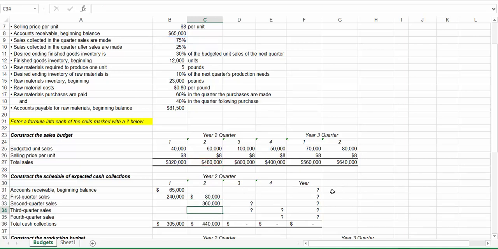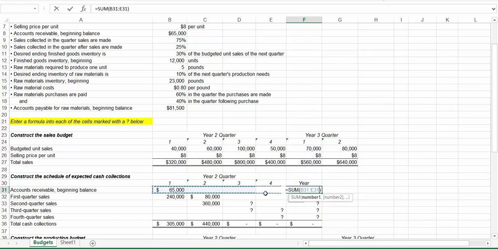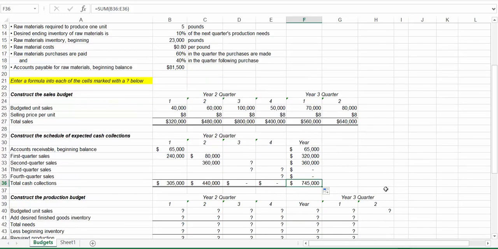And then you're just going to continue. Your year is going to be a sum of these 4. And this one you could do either way, so it should equal the same. Make sure that this number here, we say foots and crossfoots, so make sure it adds up here and it adds up there to the same number.